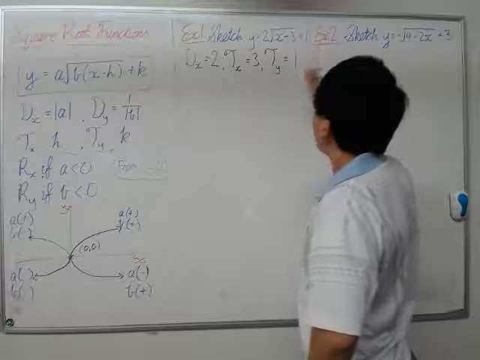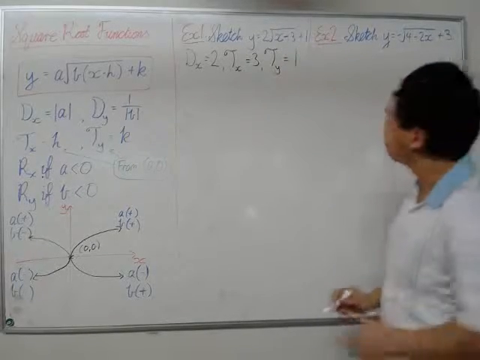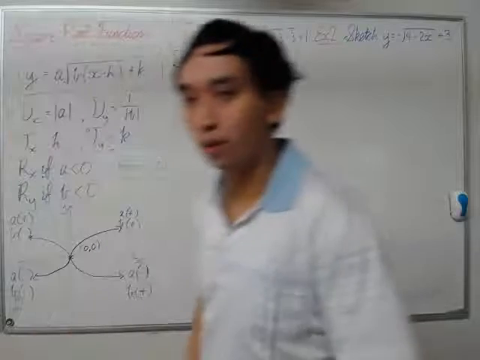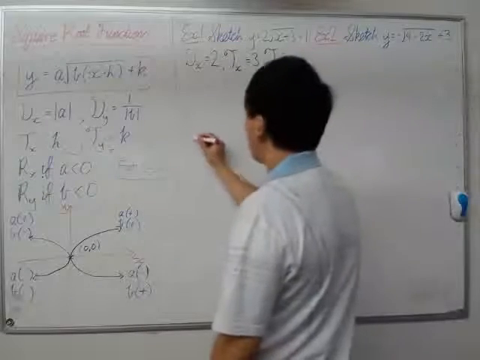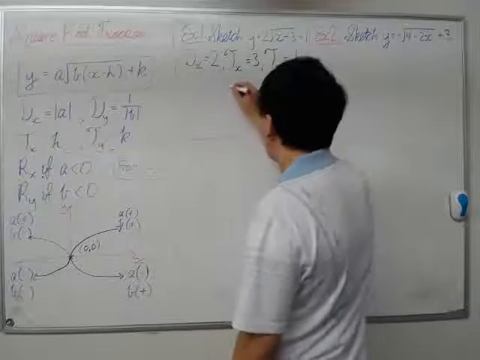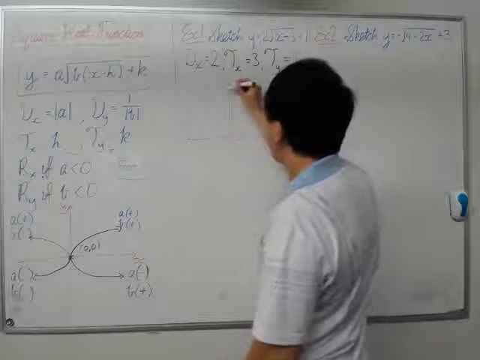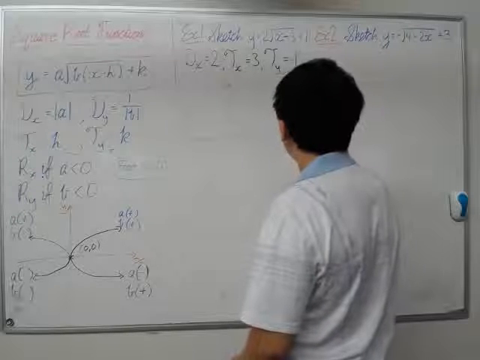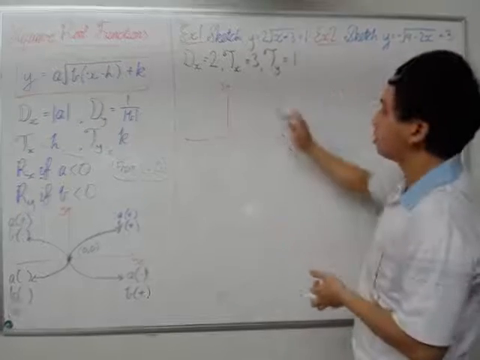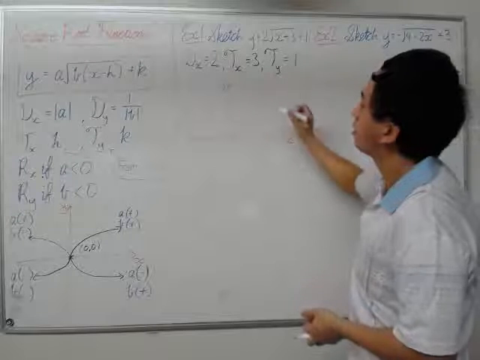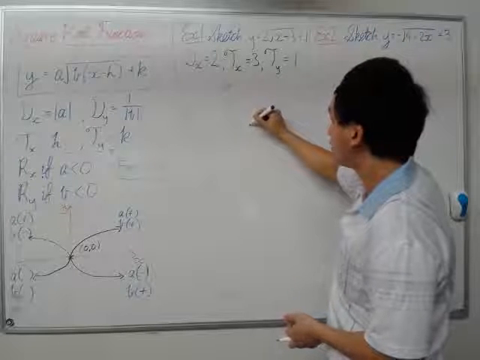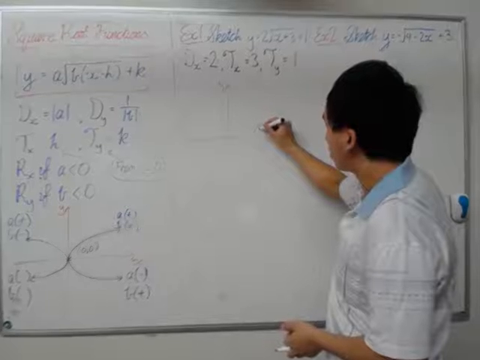Vertical translation is 1. Okay, so from here I like to plot the endpoint at the very least, and then have a quick preview of what kind of graph I'm drawing. So our endpoint is going to be at 3, 1, because we're moving to the right by 3 units, moving up by 1 unit.